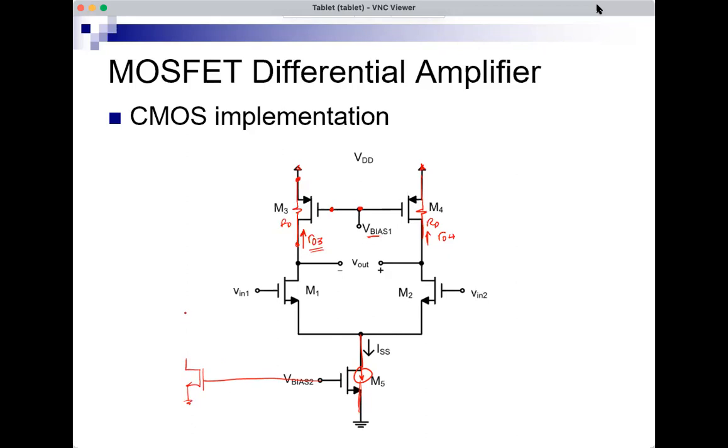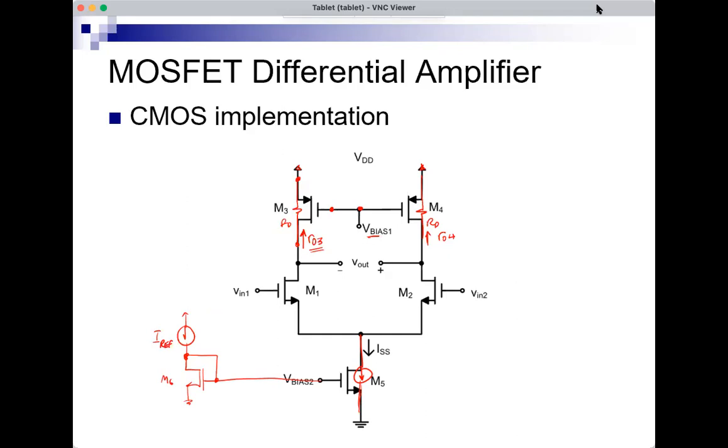So maybe there's a reference here, or it can simply be a resistor here, and there is a MOSFET, and M5 is just mirroring this IREF to implement ISS.